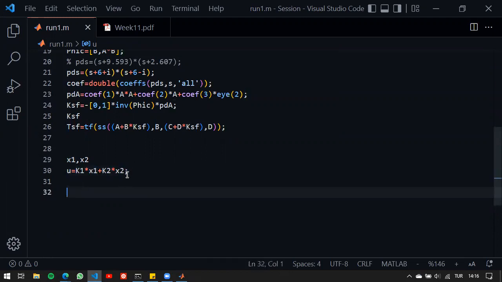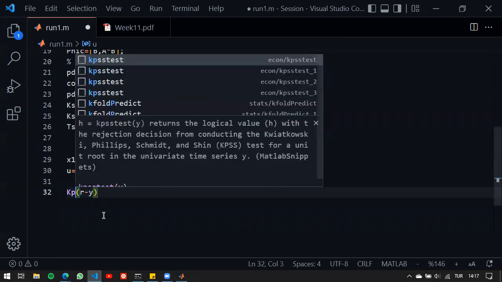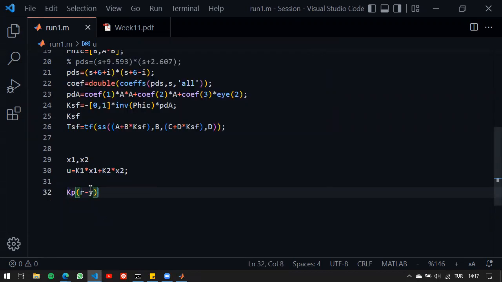Whereas in the classical control, we have to just measure the error, or we can just measure the output because we can construct the error ourselves like this. So let's call it KP. So this was our control strategy. Therefore, we need to only measure Y. But in this case, we have to measure X1 and X2.